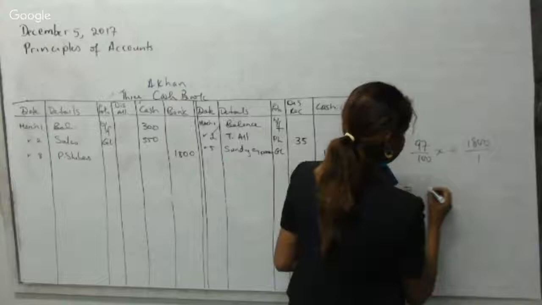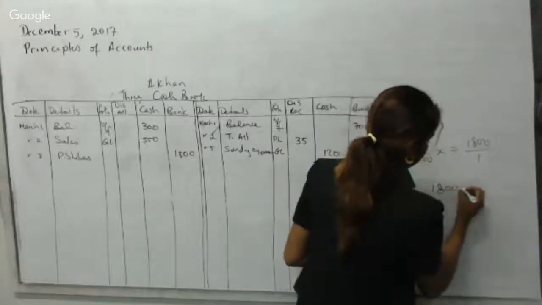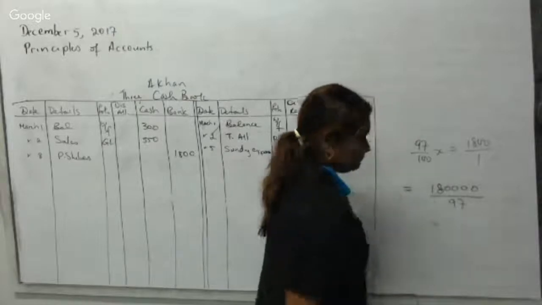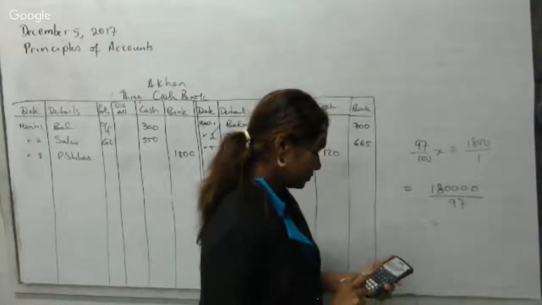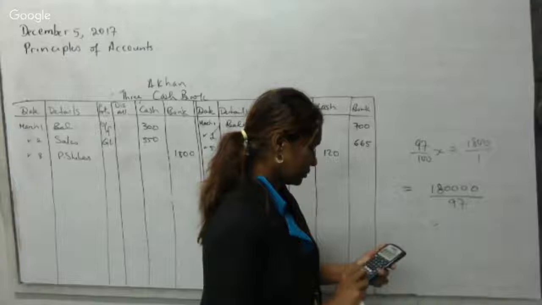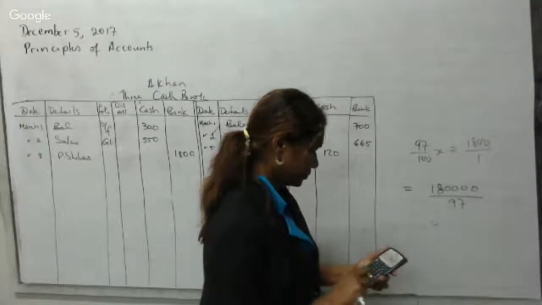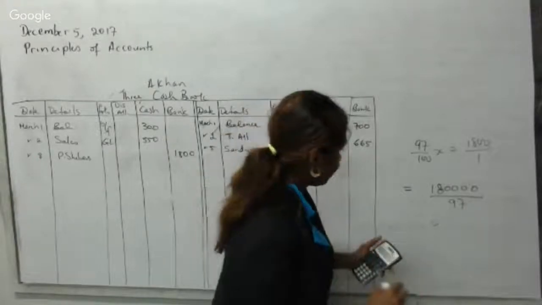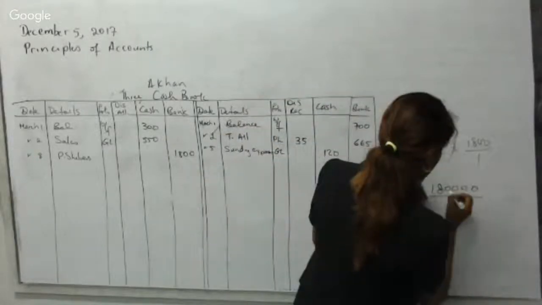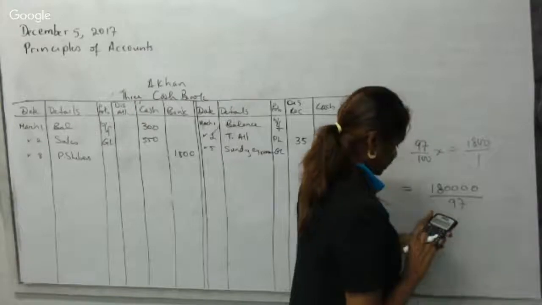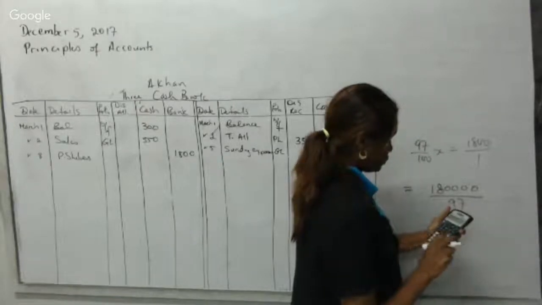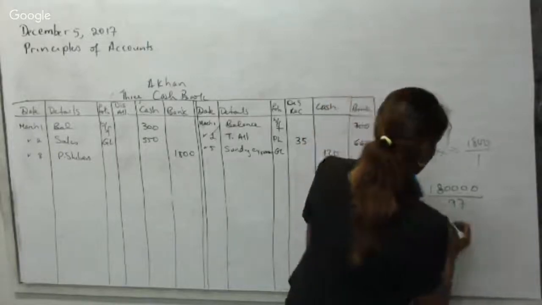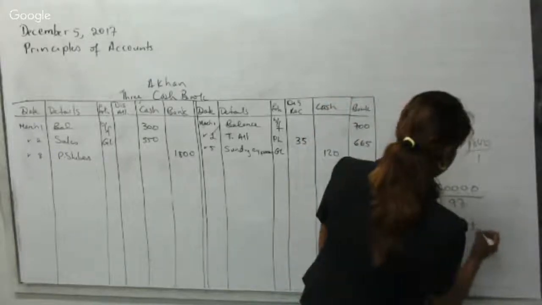Cross multiply. Divide by 97. But I'm working on it too long. There must be a shorter way. I think I have too many zeros. 1,800 divided by 97. How much again? 1,855. No.